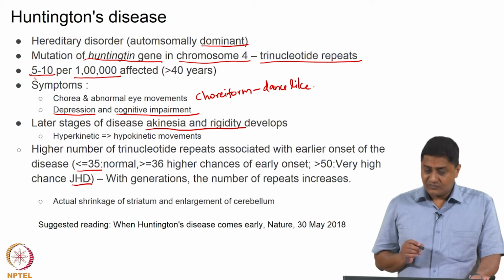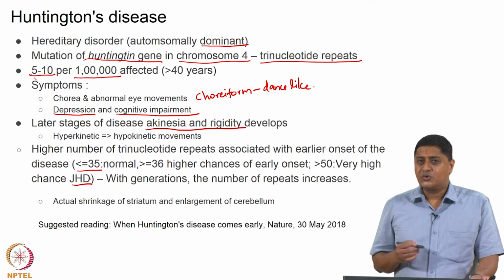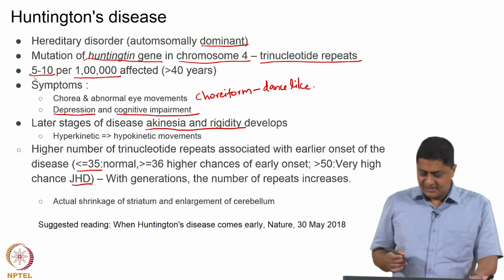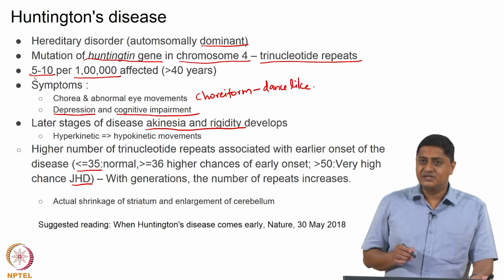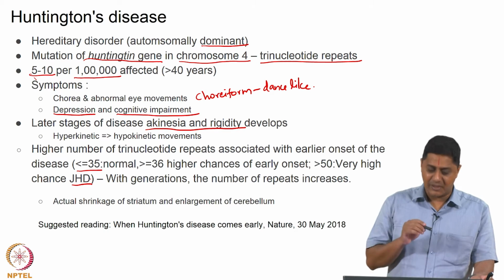So, in some cases these children develop disease at around the age of 12, 13. So, very early onset disease. This is very different from the original description made by Huntington in his paper, right.